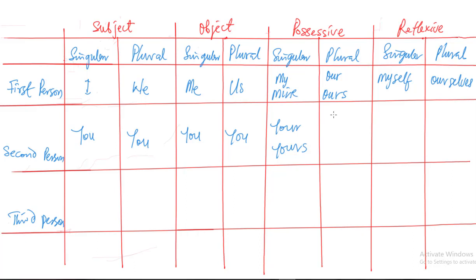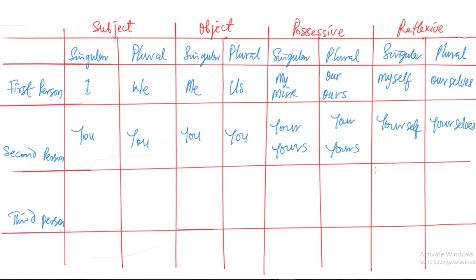Possessive, your and yours, same as singular and plural. Then reflexive singular, you have yourself, to blame. Reflexive plural, you have yourselves.